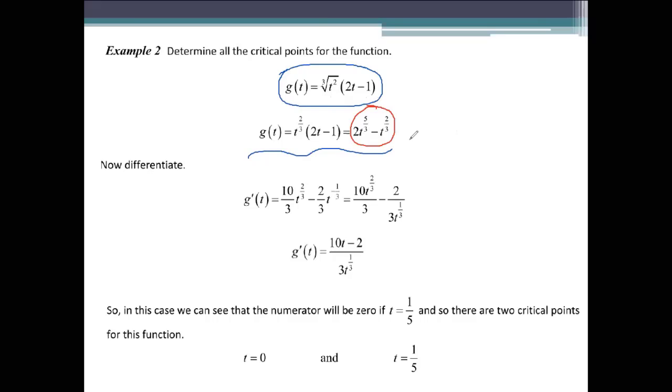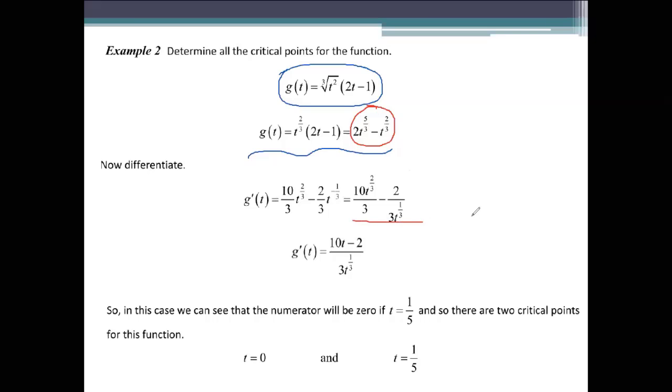So let's find the derivative of this function again. The derivative of g of t is now this one. Here we have 10 over 3 t to the power 2 over 3, minus 2 over 3 t to the power of minus 1 over 3. And if we simplify the expression, we get the following.